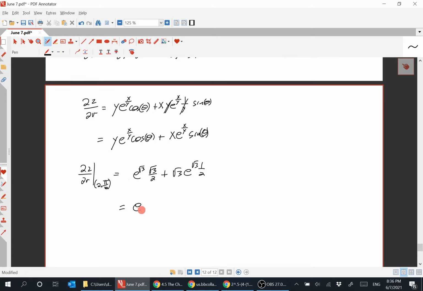So messy, e^(root 3) times root 3 over 2, oh, it's the same thing, isn't it? Root 3 over 2, root 3 over 2. So it's just root 3 e^(root 3).